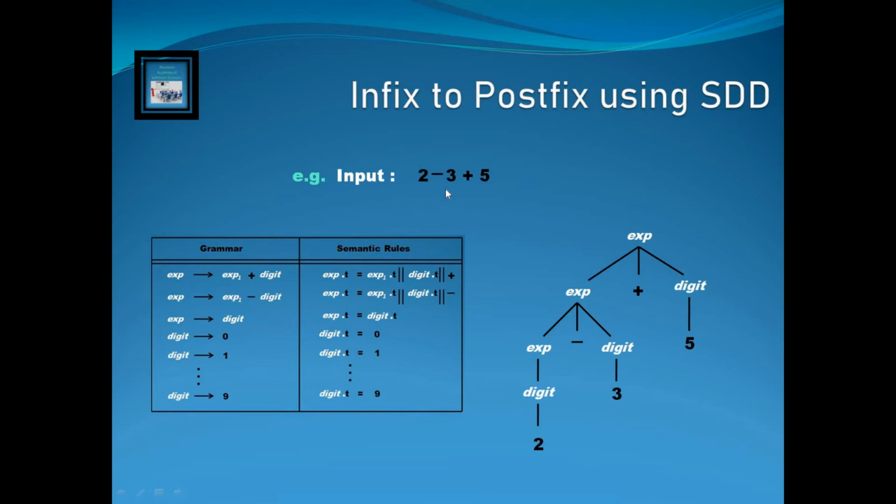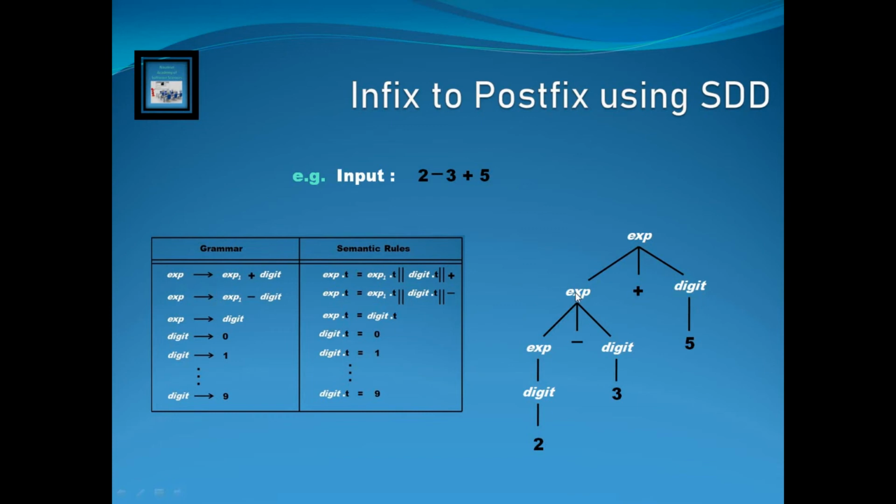So this expression consists of two sub expressions. Mainly this is a plus expression, and the first operand is a sub expression, that is 2 minus 3, and the second operand is a digit. Okay, so applying this first production for the main expression, for the plus operator, we choose the production: expression can have the form of expression plus digit.